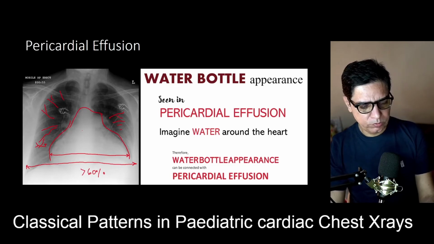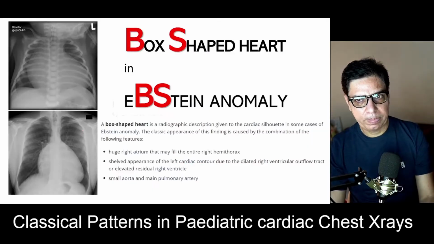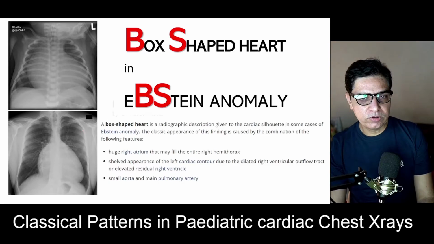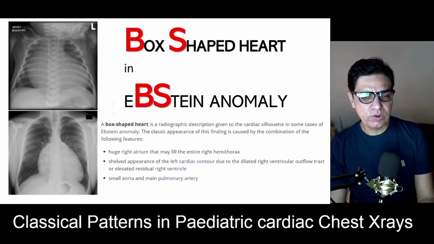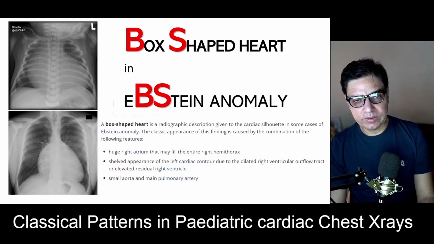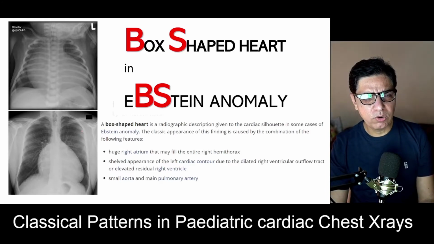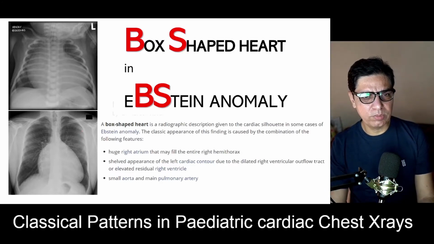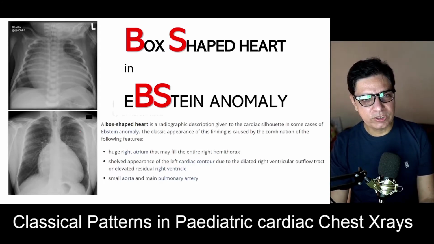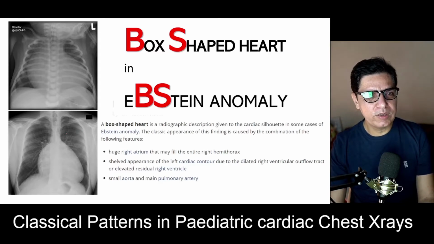Okay, so let's move on and see the other X-ray. Now, we come across another condition which we call a box-shaped heart shadow. This very much resembles what we discussed in the previous lecture, the water bottle appearance. In some cases it can also look like a water bottle, but the water bottle had a sort of triangular shaped appearance, whereas this one is more roughly box-shaped.